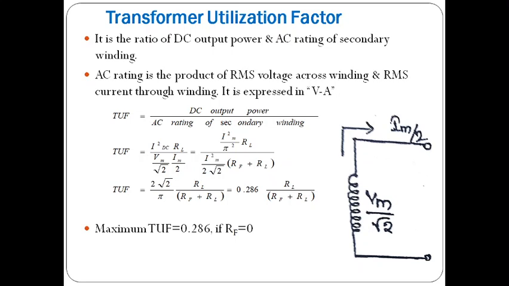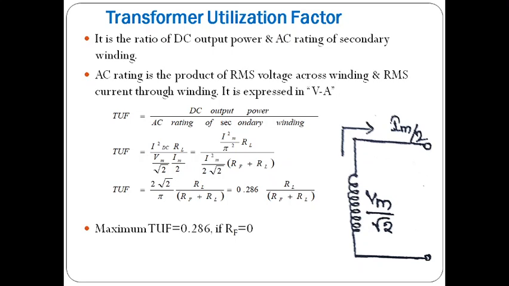We know I DC equals Im by pi, and the power delivered by the secondary winding is the AC power: Vm by root 2 is the RMS voltage and Im by 2 is the RMS current, so it is Im squared by 2 root 2 into (RF plus RL). Clear? Now we can write TUF equals 2 root 2 by pi squared into RL by (RF plus RL). So it equals 0.286.